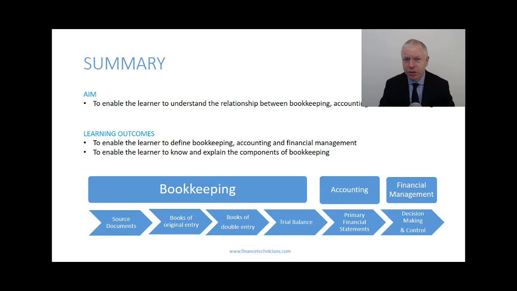It starts with source documents. You need to know what a source document is. And then you need to know that the information contained in those source documents is transferred into the books of original entry. The figures then are transferred from the books of original entry into the books of double entry, and then the balances of the books of double entry are summarized in the trial balance. That's what you need to know at this particular stage.